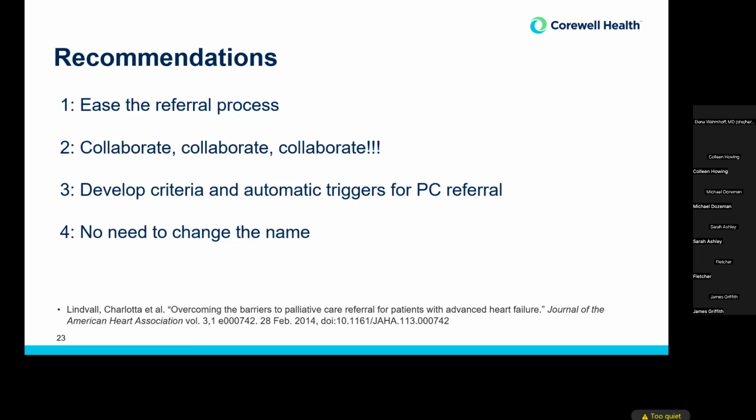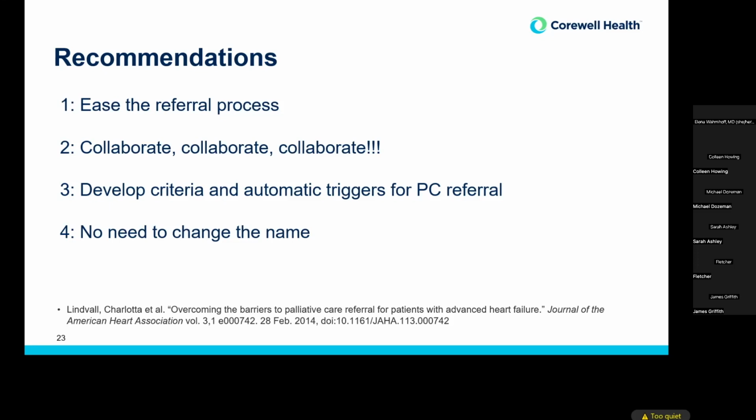Those of you who attended this lecture last year heard me say that last year, and I'm not going to give up on that. Just making palliative care kind of an automatic involvement with advanced heart failure in the ambulatory setting, but still working through that. But just making that referral process easier, taking away that friction.